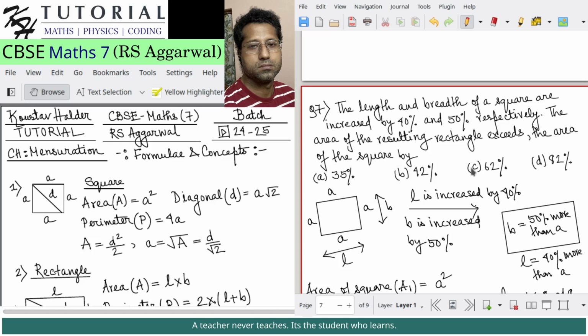If I assume that the length and breadth of a rectangle are increased by 40% and 50% respectively, then the area of the resulting rectangle exceeds by how much percentage?